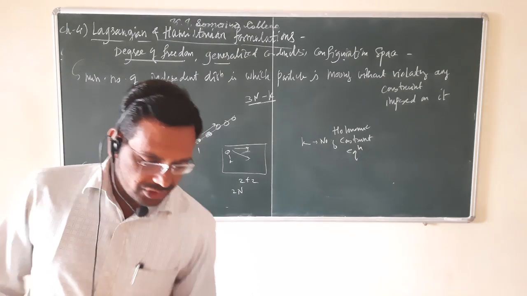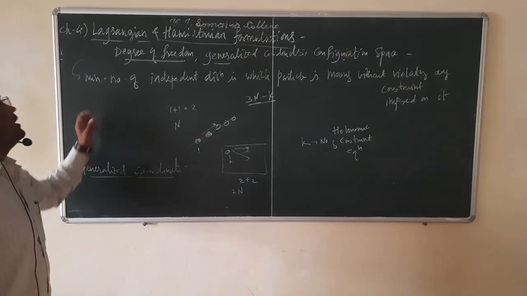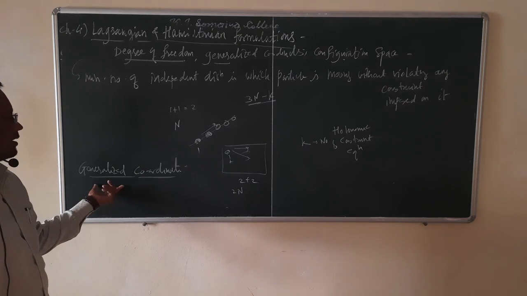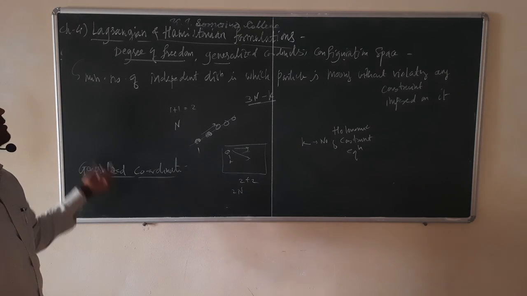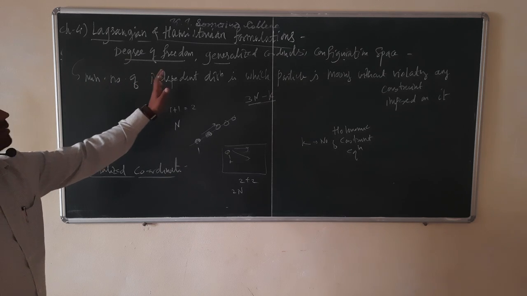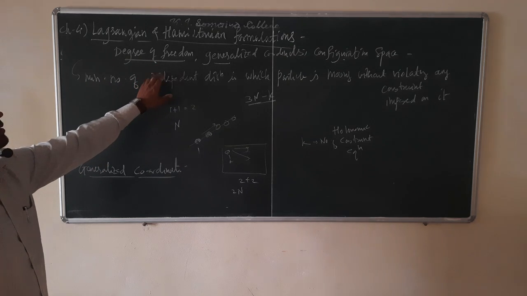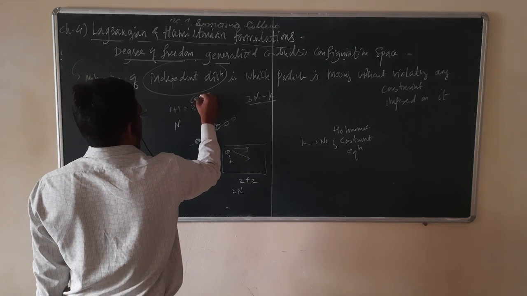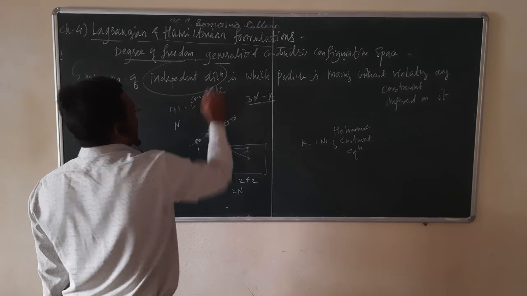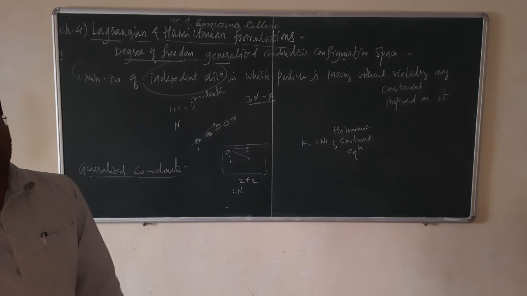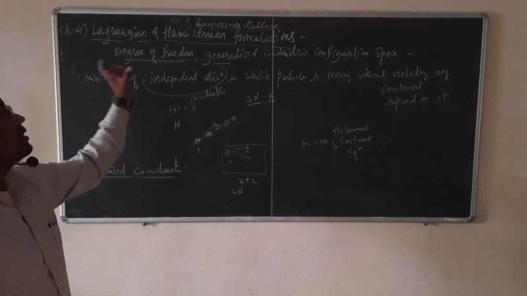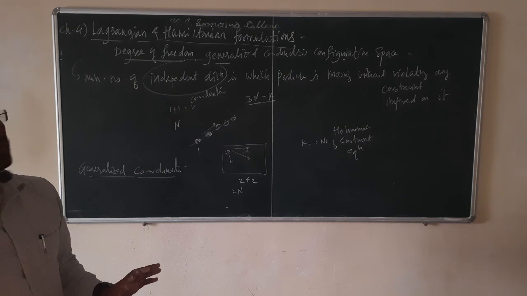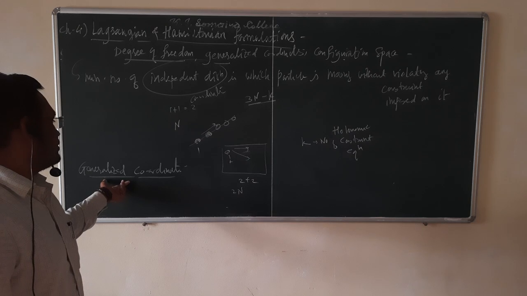Generalized coordinates depend on degrees of freedom. A generalized coordinate is again the minimum number of coordinates required to specify the position of that particle while it is moving. Such coordinates are known as generalized coordinates.